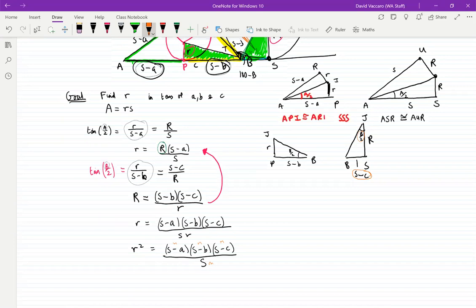As well as being dimensionally correct, notice that if I swap the a, the b, and the c round, I would still get the same expression. And of course, the inradius shouldn't depend on which side I call A, which side I call B, which side I call C. So I'm happy that this is a symmetric expression.